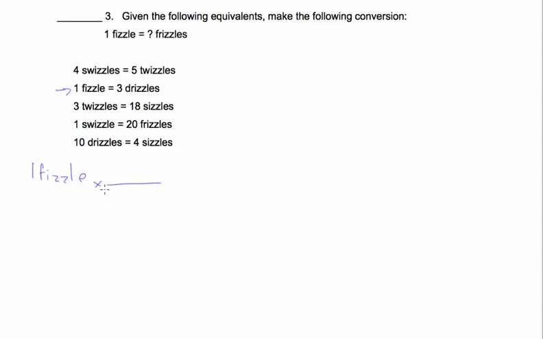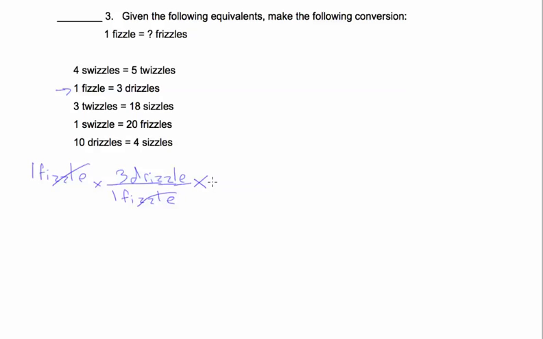So we have to put the 1 fizzle down here from our equality. We want those to cancel out. And 3 drizzles on top. Now we know that we've gotten rid of fizzle. I'm going to only do the math once, so I'm just going to keep going here before I have to deal with any calculations. Makes life easier.